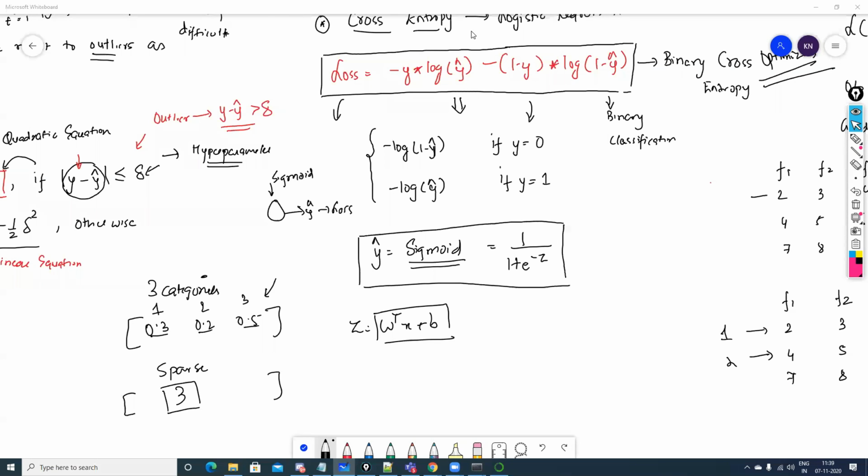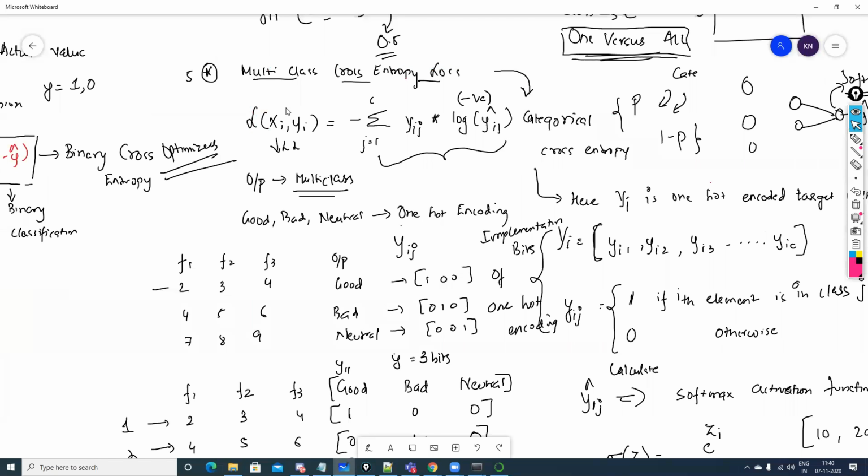In multi-class entropy, the summation of yij log yij hat was there, right? In that, when we take the one hot encoding, the corresponding class will be one, and the rest all will be zeros.